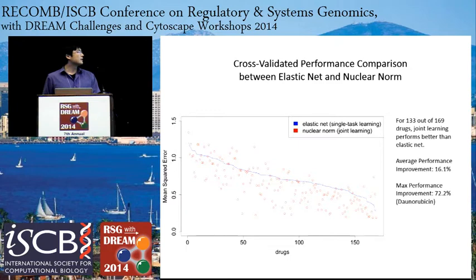We can see that it's pretty obvious that most of the red dots lie below the blue line, which means that we have this performance advantage for the nuclear norm. For 133 out of the 169 drugs, joint learning performs better, and the average performance improvement is about 16%.